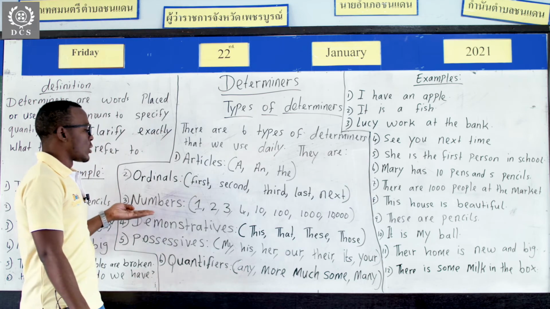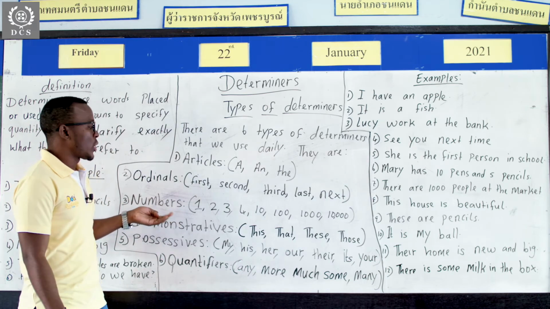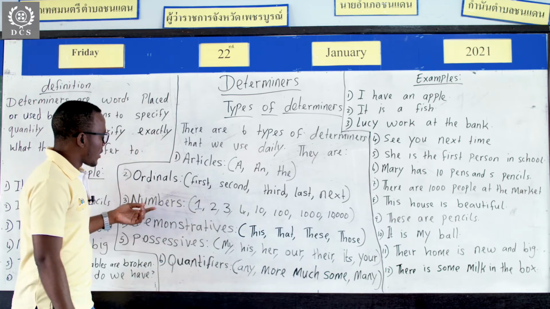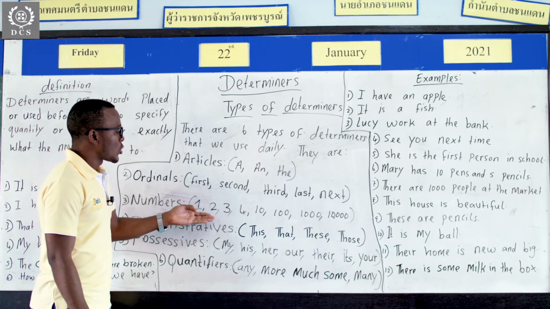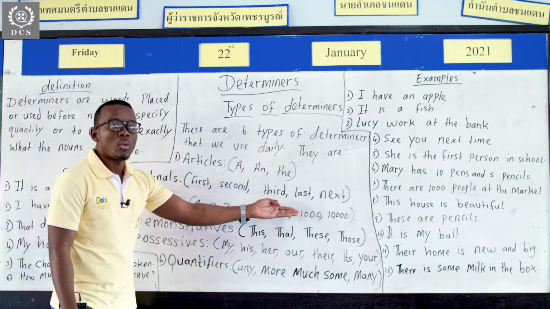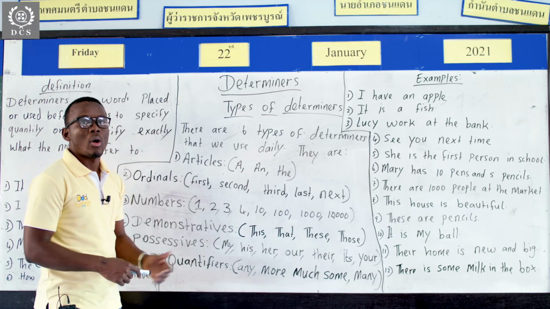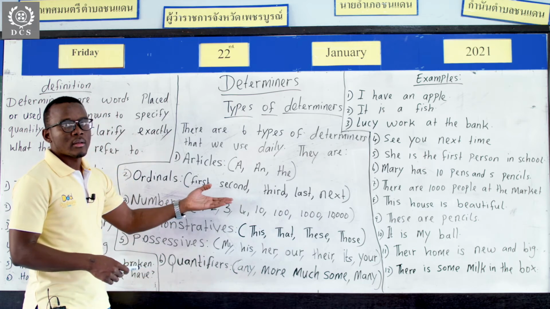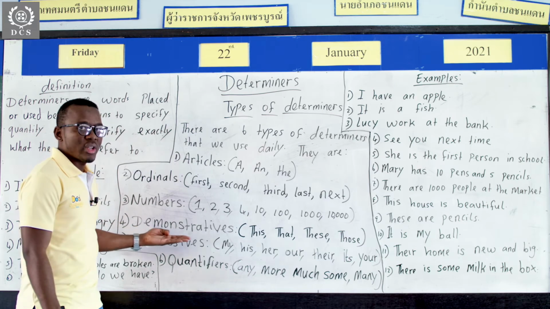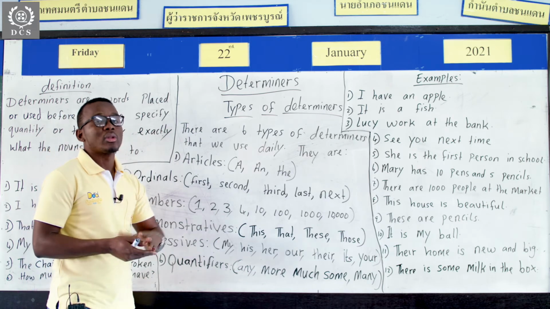The next one, numbers, numerical. They mainly tell us the number of nouns that are available. So we have 1, 2, 3, 4, 10, 100, 1000, 10,000. They are called number determinants. The next one, demonstrative determinants. They are used to demonstrate.